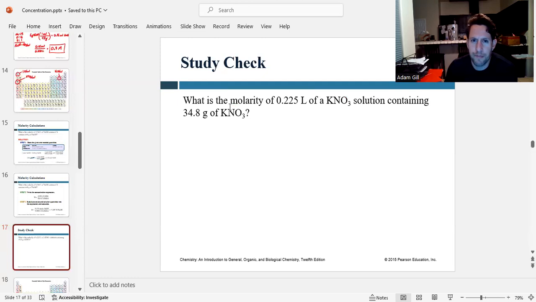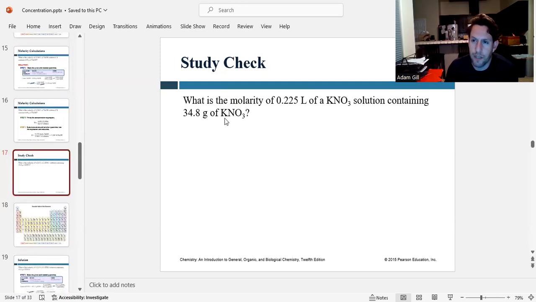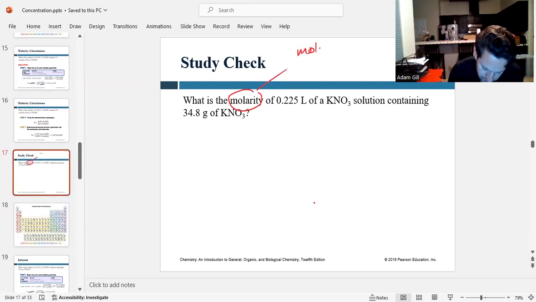Let's do another one. What is the molarity of 0.225 liters of KNO3 if it contains 34.8 grams of KNO3? Well, we're going to have to convert grams to moles because molarity, you know, is moles per liter. They gave us liters, but they didn't give us moles. They gave us grams.